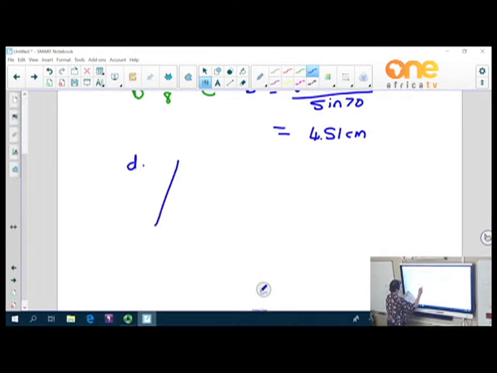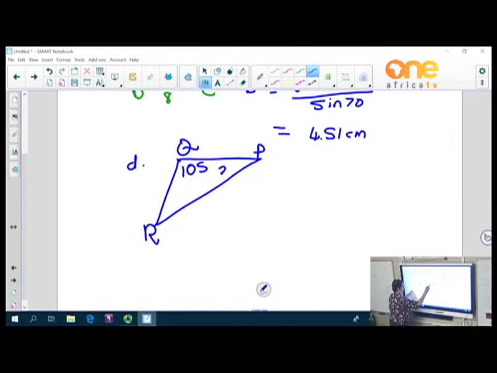Again, triangle PQR. We again have an obtuse angle there, Q, which is 105. So PQR. P is 27. And R is 15. R is the small letter there, so that one is 15. And we have to calculate Q. This one here.